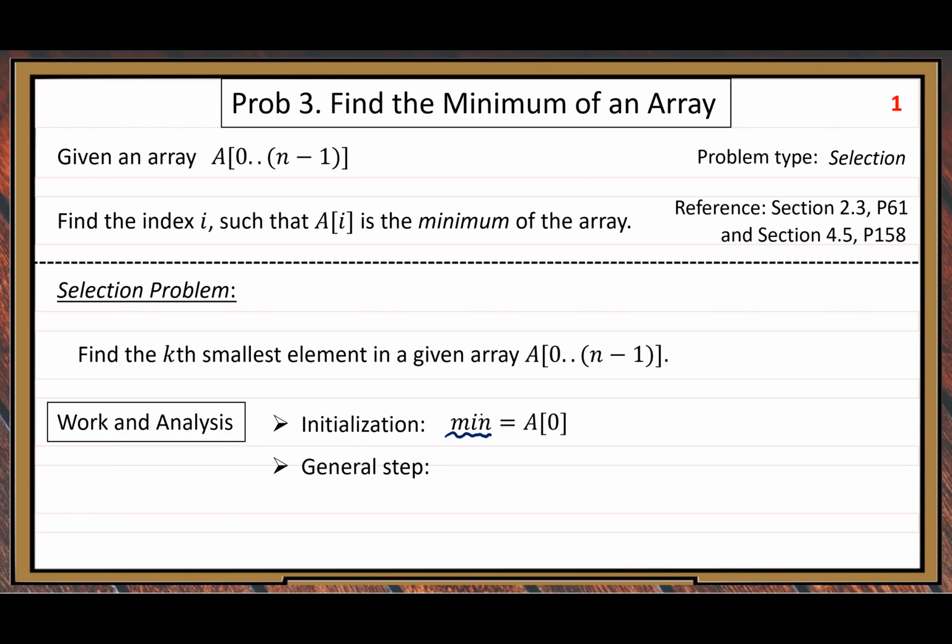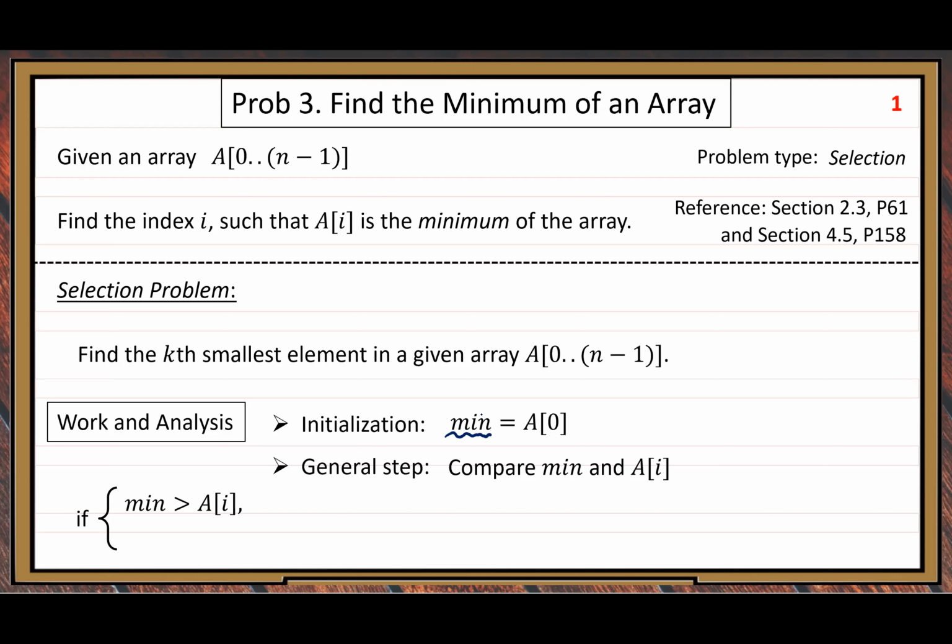Then we define our general step in this way. We compare the min variable with the current element for processing, A of i. When we do the comparison, we have two possibilities. First, min greater than A of i.